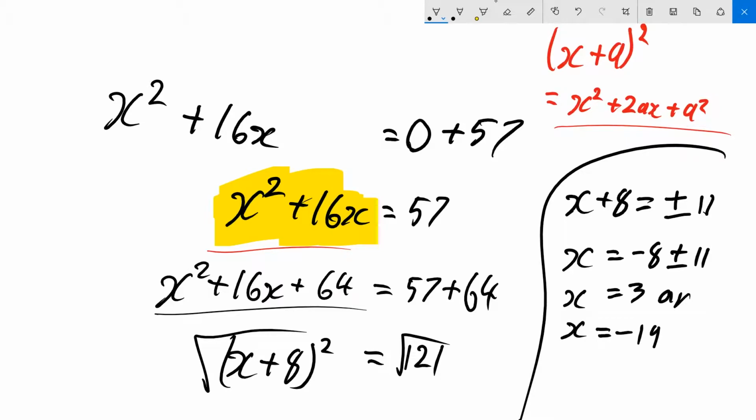Okay, so now that we know this, we can say that our first equation can be factorized to (x minus 3) times (x plus 19), and we take the opposite of these two values here.